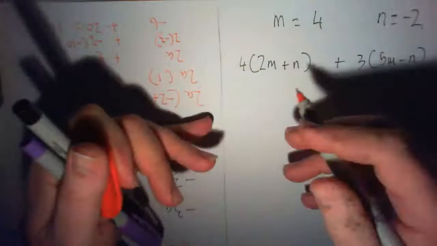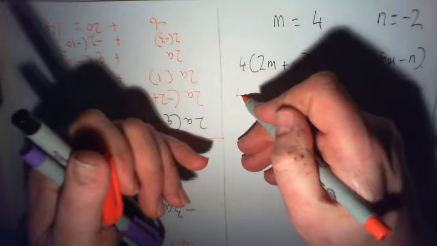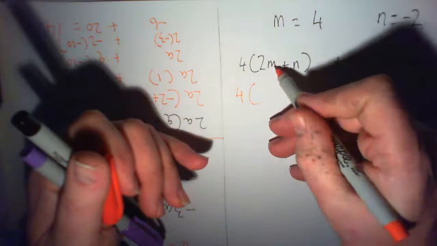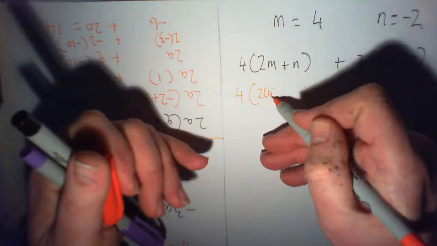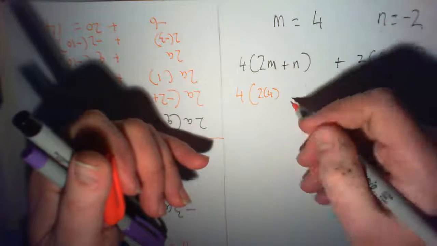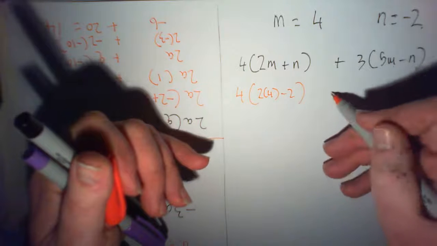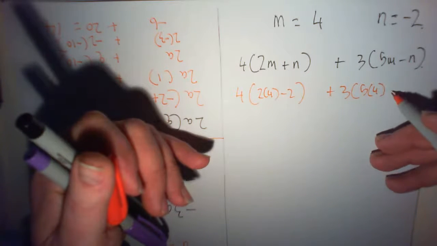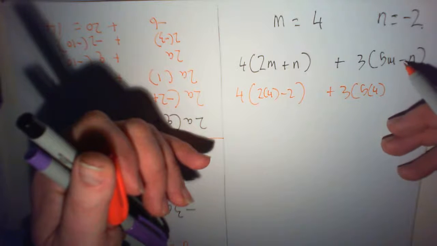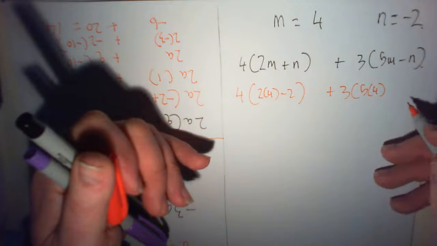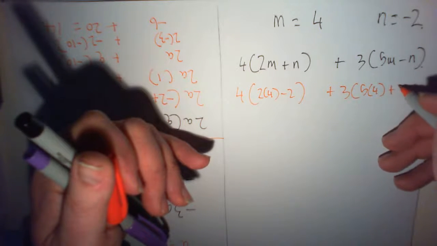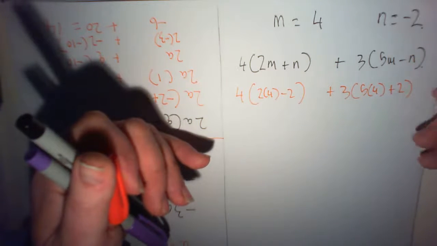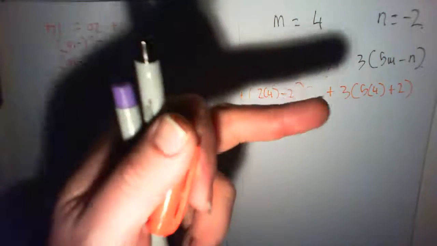And we're back. Right. 4 times 2 times m, that's 2 times 4, plus n, which is minus 2, plus 3 times 5 times m minus n. Now be careful here. That's a minus 2. That's a plus 2. Be careful there. That minus and that minus are 2 separate minuses.